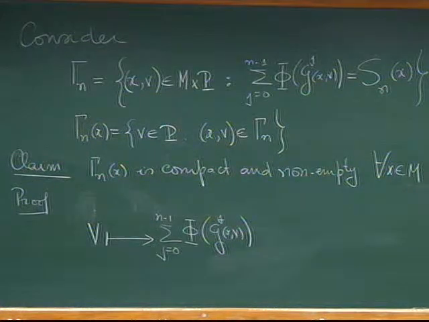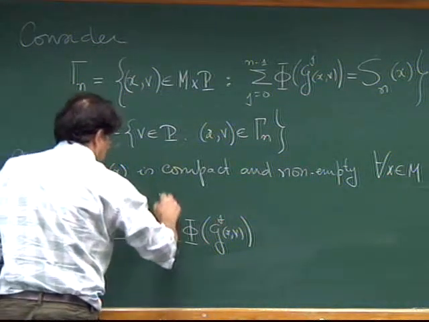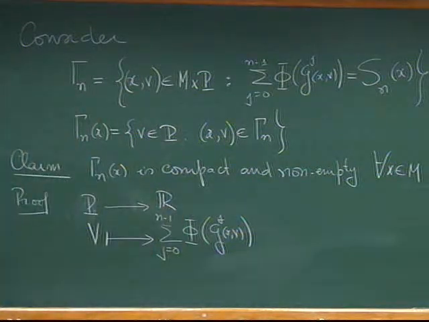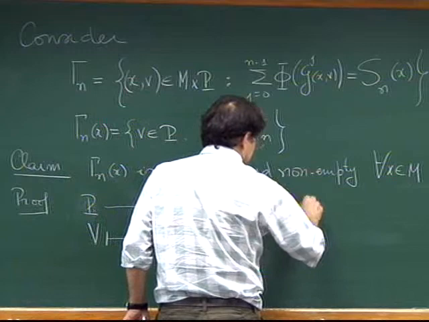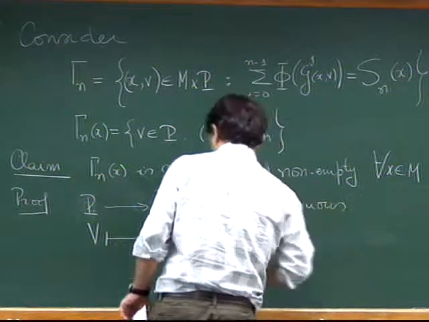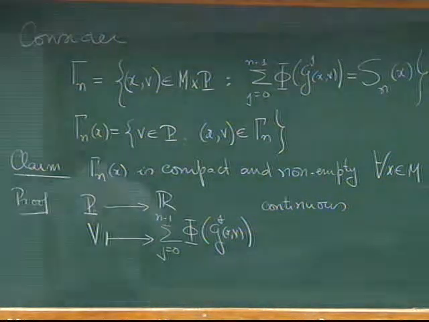Okay? So it's a function from P to R. Phi is a real function. X is fixed. And this is a continuous function. I guess that is part of the definition.